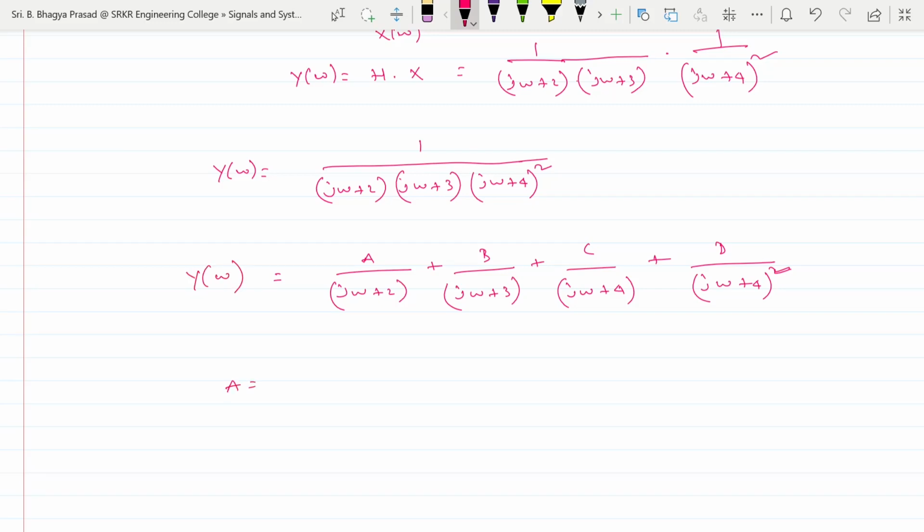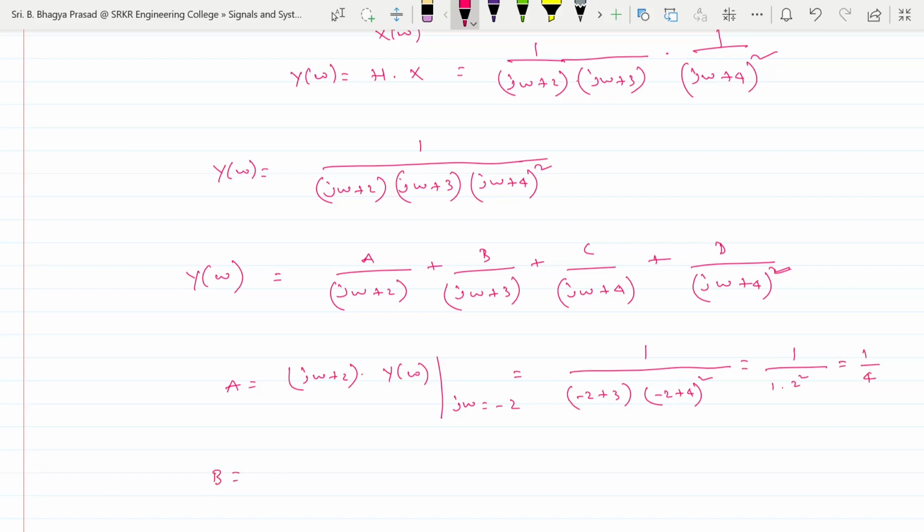The A value will be (j omega plus 2) multiplied with Y of omega at j omega equal to minus 2. So this will be 1 by (minus 2 plus 3)(minus 2 plus 4) square, which is 1 by 1 times 2 square, so you will get 1 by 4. The A value will be 1 by 4.